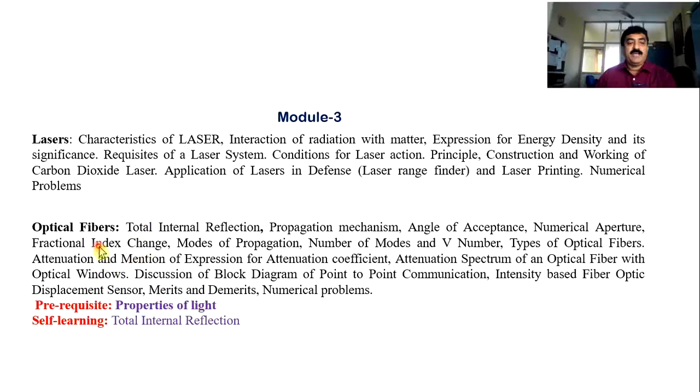And of course we have another part, optical fiber: fundamentals, that is total internal reflection, and basic definitions like angle of acceptance, numerical aperture, fractional index change, etc., modes of propagation, V number, types of optical fibers, and then attenuation, that is loss of energy in optical fiber, and then applications, point to point communication and optical fiber sensor.